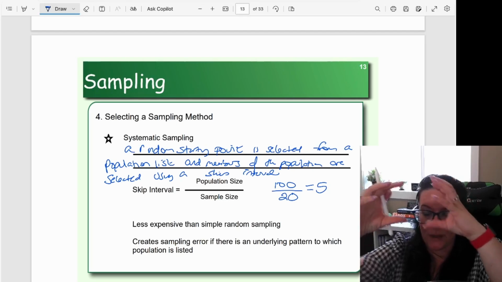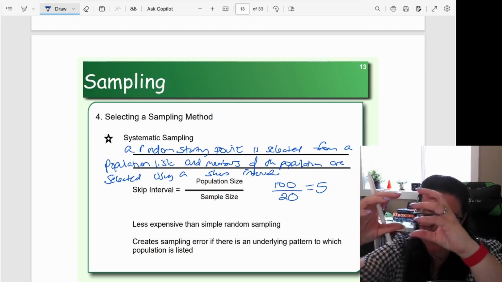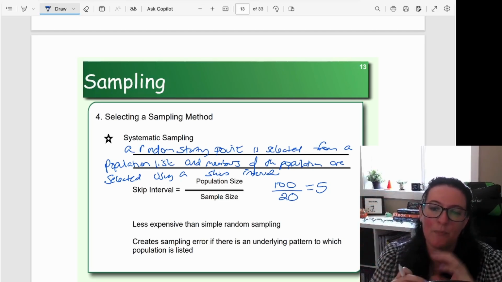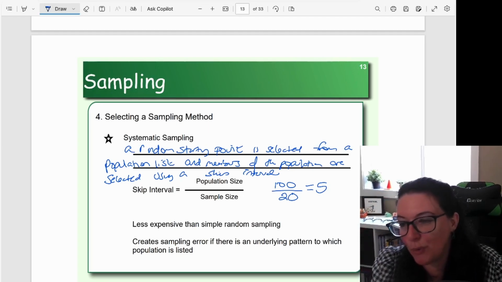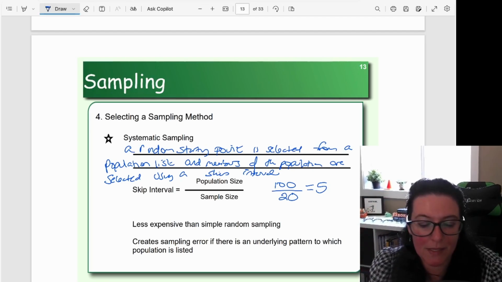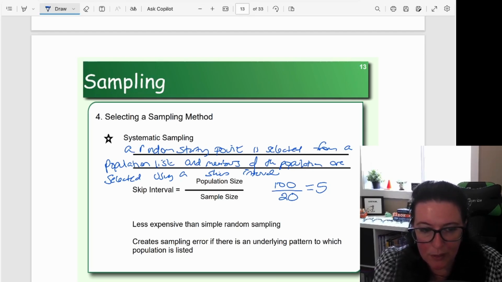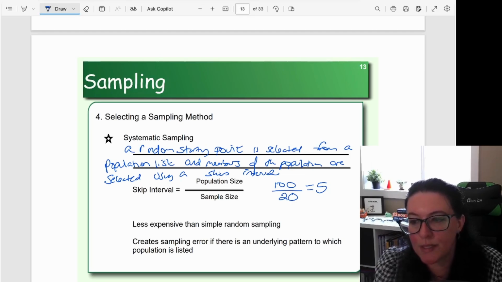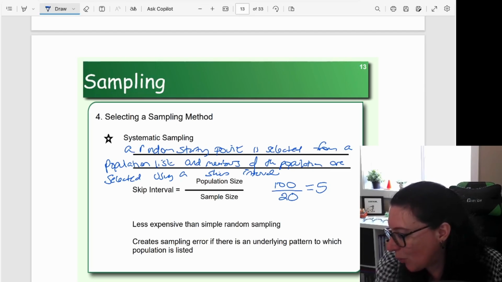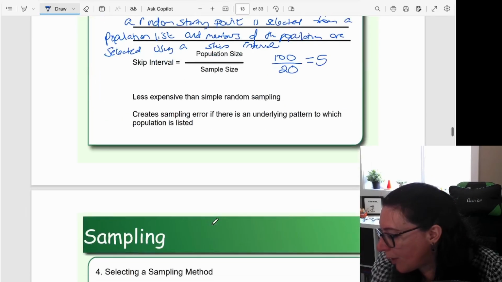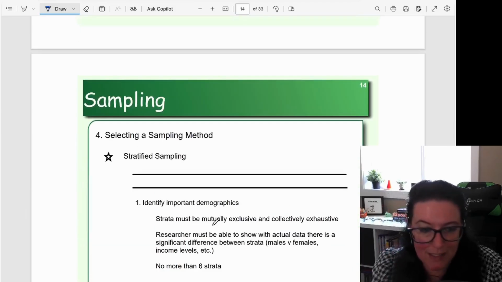If there's a big chunk with one characteristic and then another chunk, are those equal in size? Are you pulling an equal amount from each group? If you really do care about particular groups and characteristics and you want to make sure they are represented in your sample, then you would use a stratified sample.